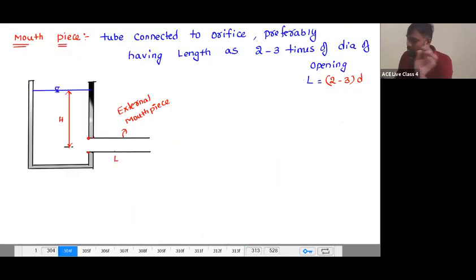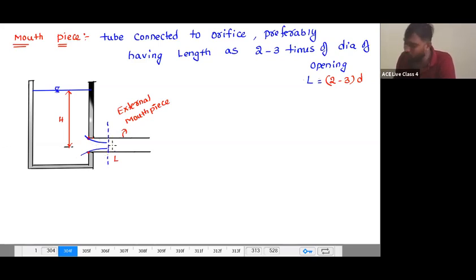But here, the flow emerging out has the support of the mouthpiece. When the flow emerges out, first it forms a vena contracta, inside of the mouthpiece.